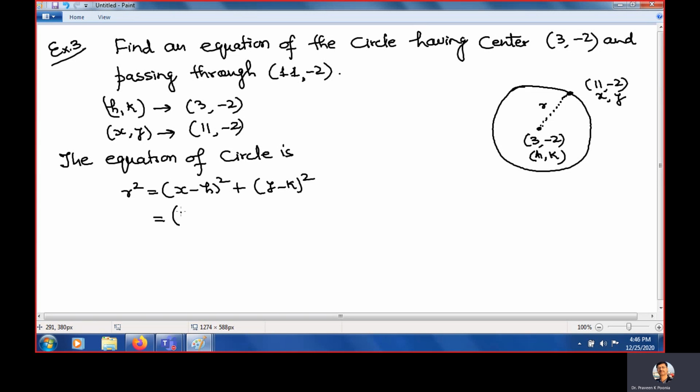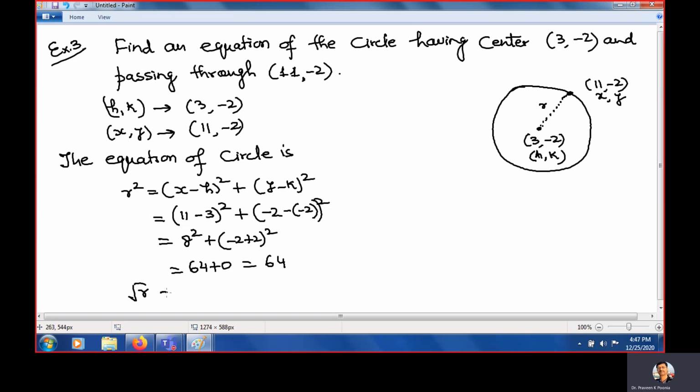Now put the values. What is the value of x? 11. What is the value of h? 3. What is the value of y? -2, minus -2 whole power 2. 11 minus 3 is 8 power 2 plus (-2 plus 2) whole power 2. It is 64 plus 0, so it is 64.